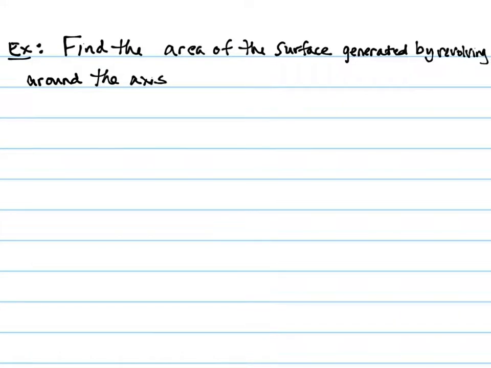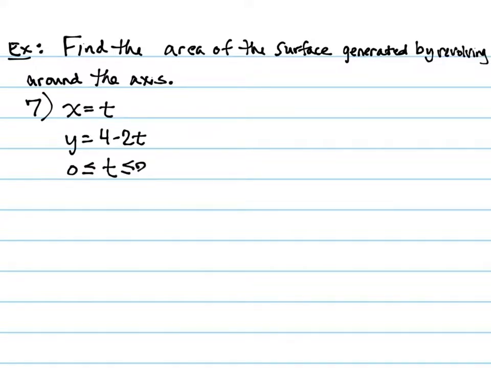Both the surface and the axis will be given in the problem itself. So we're on number 7. The first one, the surface is x equals t, y equals 4 minus 2t, and we're working for t going from 0 to 2.